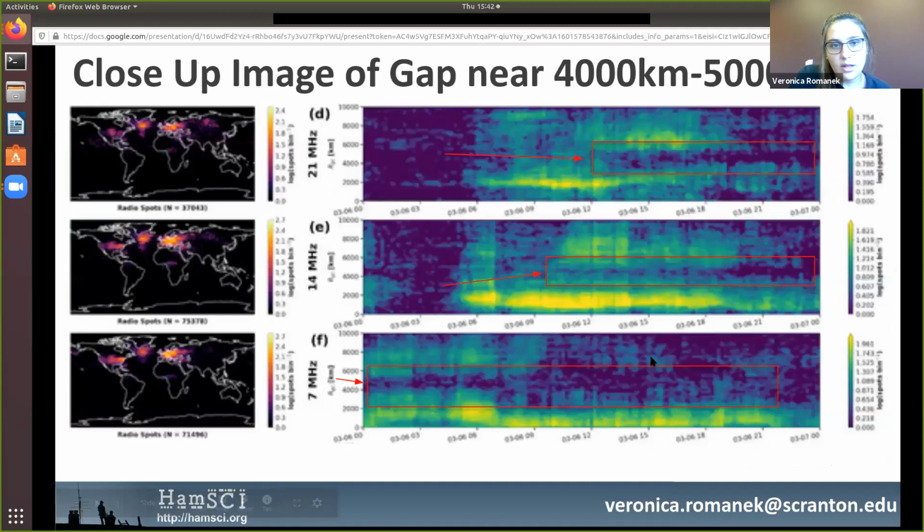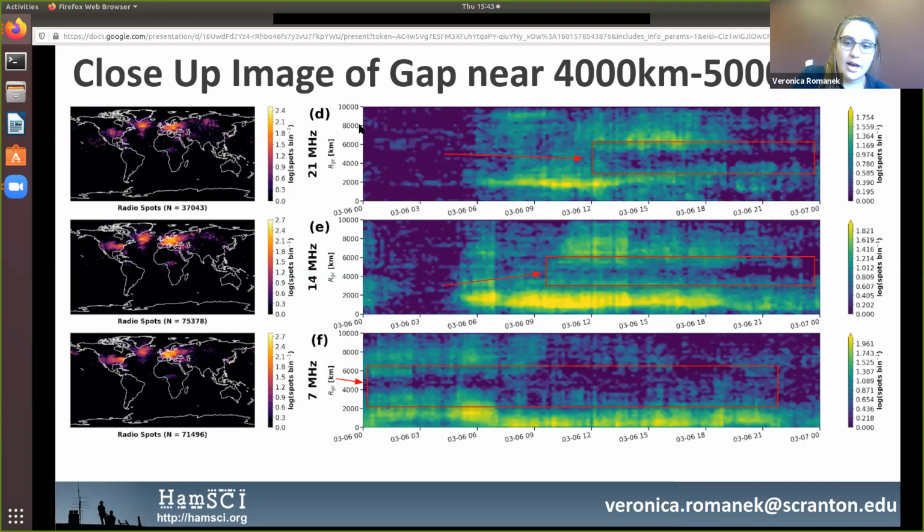So I have this graph. This is based off of actual data. On the left-hand side, this shows the midpoints between the real ham radio transmitters and receivers. And on the right, this shows the distribution of the contacts picked up by the RBN and the WSPRnet.